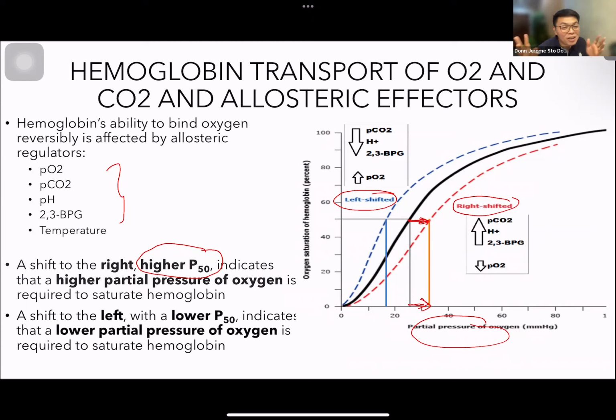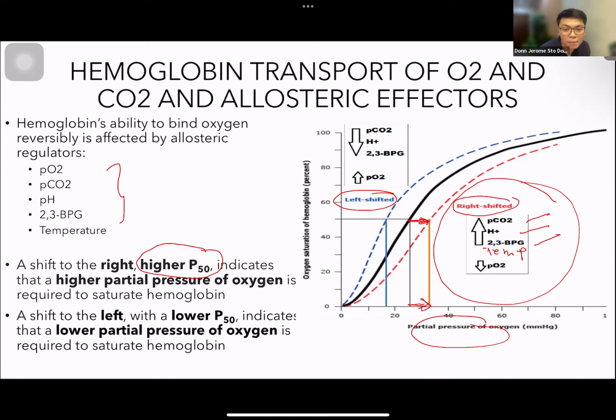So the shift to the right is mainly seen in the peripheral tissues, where these conditions are seen: high PCO2, high hydrogen concentration, high 2,3-BPG, high temperature, and low PO2. Is it beneficial for the peripheral tissues, the actively metabolizing tissues, for the hemoglobin to have low oxygen affinity?